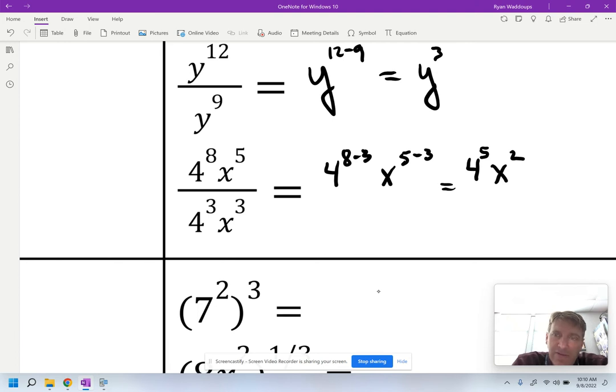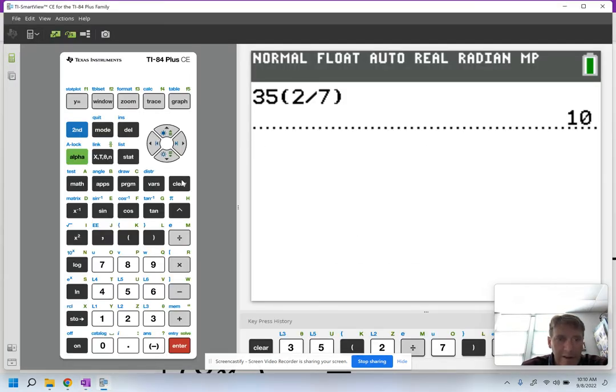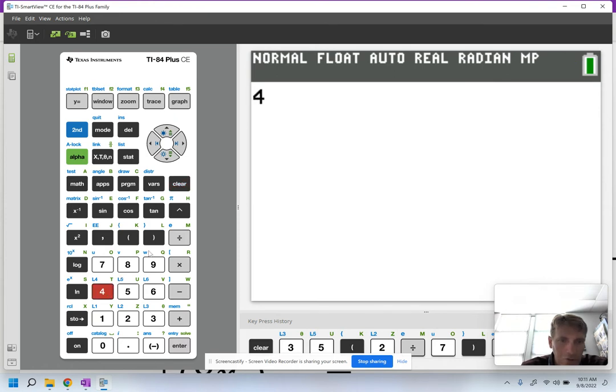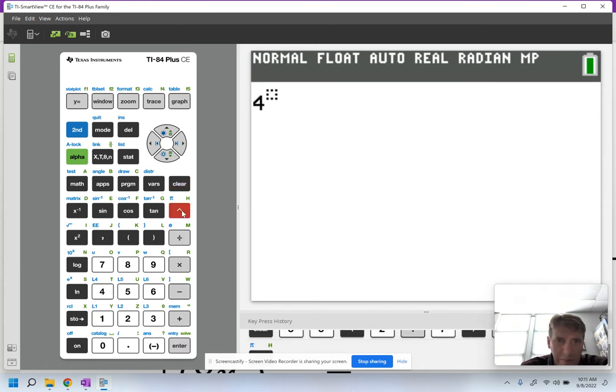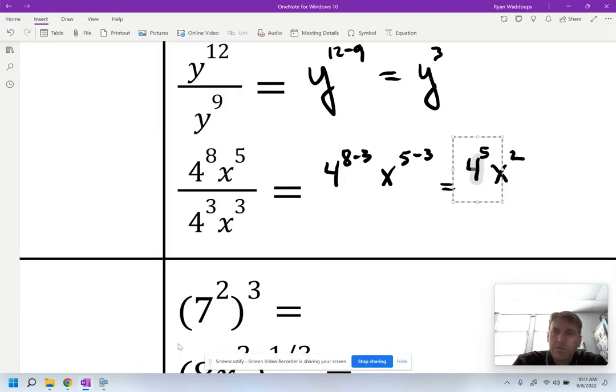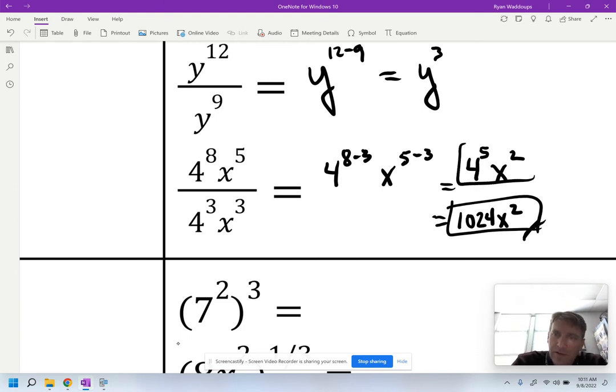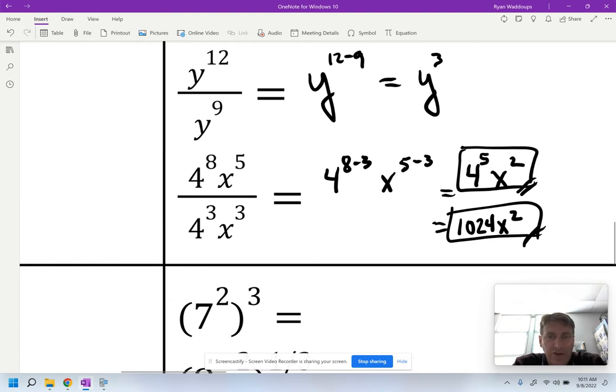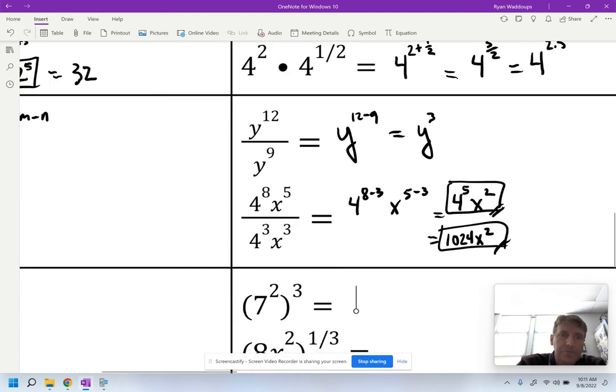You could also take 4 to the 5th power and ask what it is. On our calculator, we use the raised to the power key, 4 to the 5th power, then hit enter, and we see that it's 1024. So we could also write our final answer as 1024x squared. Either of those may be acceptable answers. You just need to ask your teacher which they prefer.